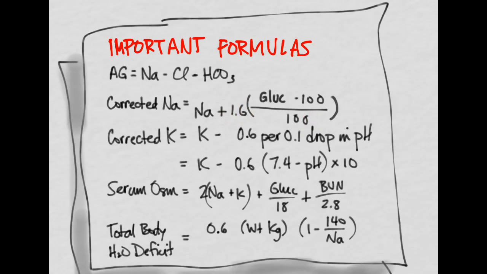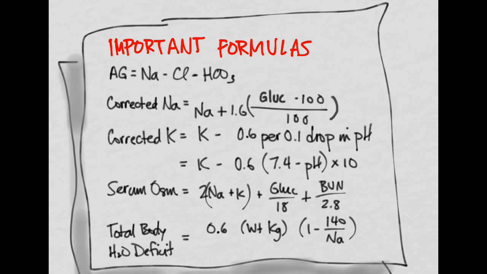So let's say the sugar was 300. How many hundreds over 100 is it? Well, it's 2, right? Because 300 minus 100 is 200, and 200 divided by 100 is 2, so 1.6 times 2 is 3.2, so you're going to add that to the sodium.